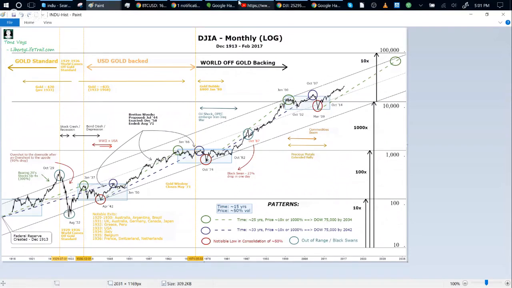But this is why I do not foresee any equity top in the near future, because we've just broken out of a 15-year consolidation, and the prior two times we've broken out of a 15-year consolidation, the S&P 500 and the Dow Jones literally went 10x.